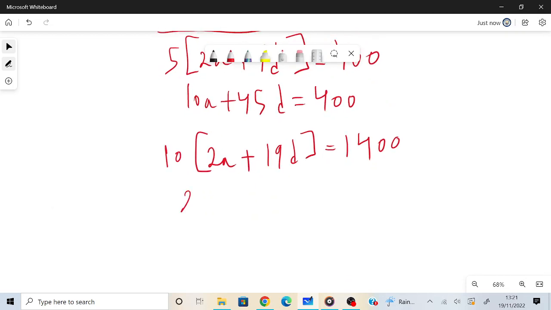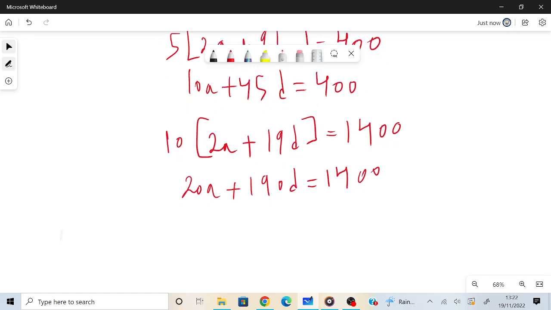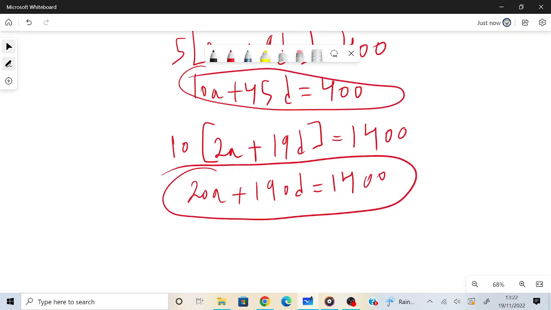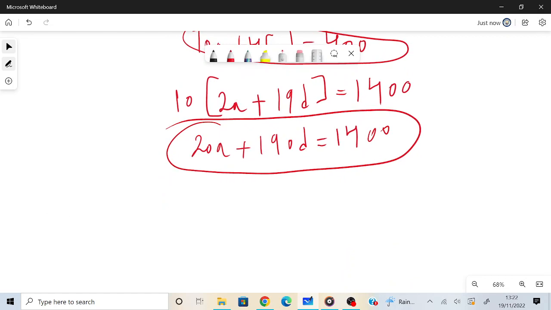Simplifying this, we have 20a plus 190d equals 1400, and this is another equation that we have. And again, we have two equations. We have this equation over here and this equation over here, and we can solve them both simultaneously.